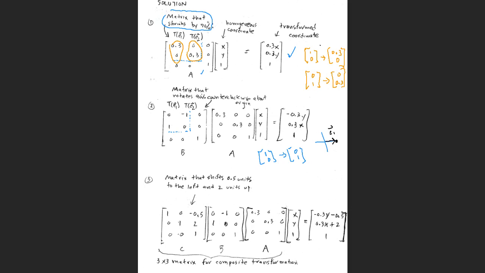And if it gets transformed to this vector here, then you're doing a 90 degree rotation counterclockwise about the origin, you see? So that's why you have the 0, 1 here.